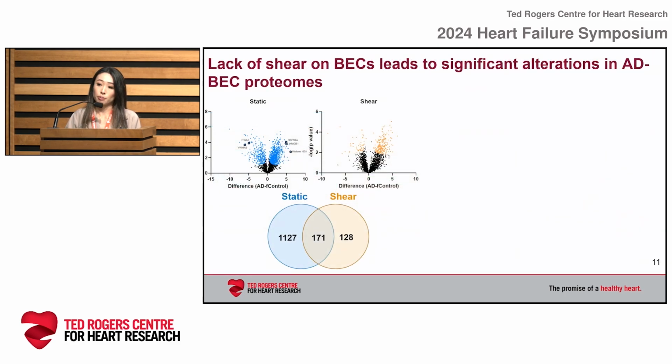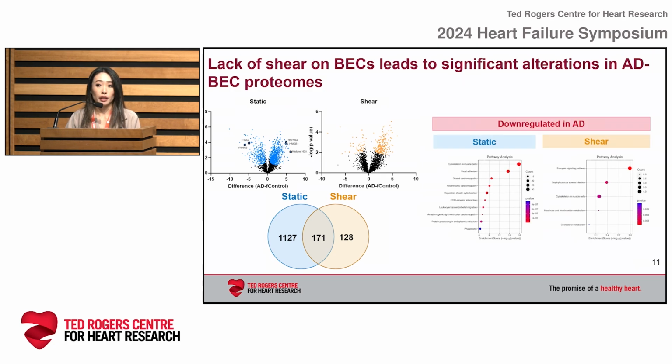And so while these results are still preliminary and analysis is ongoing, I wanted to share one of the comparisons that were particularly interesting and relevant in comparison to some of the differences that we were seeing in our functional assays. And so for these assays, we looked at collecting the proteomes from BECs in co-culture with neurons in static and shear conditions. And we found significant differential protein expression in the static groups as compared to shear.